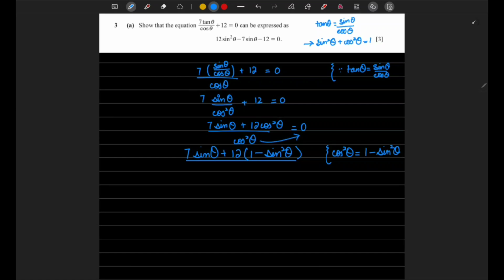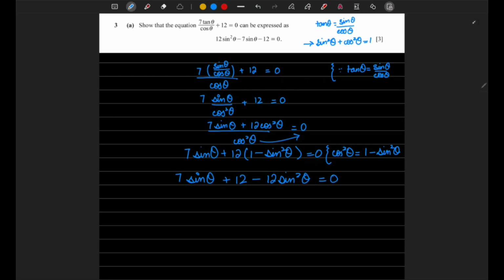We can just leave it as it is, and we are left with 7 sine theta plus 12 minus 12 sine square theta equals 0.